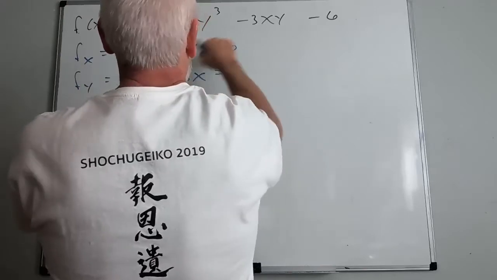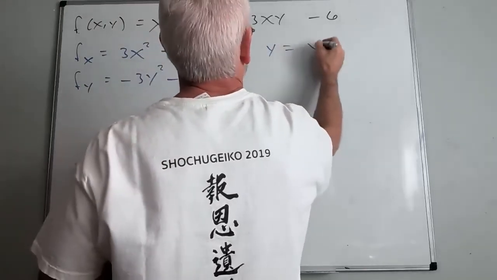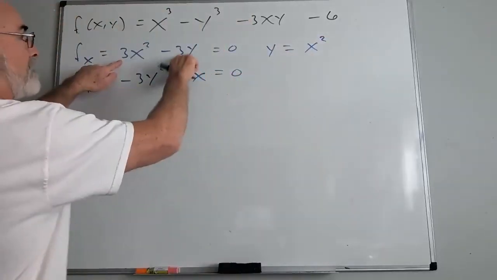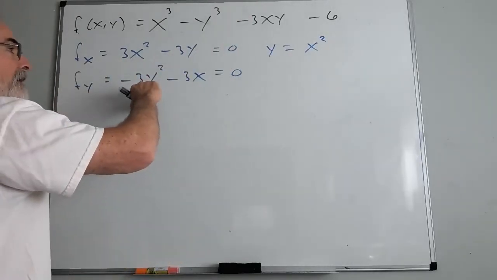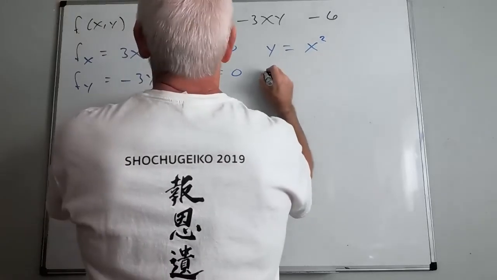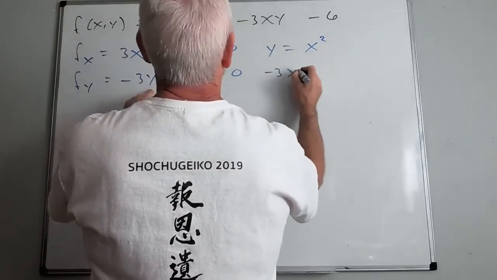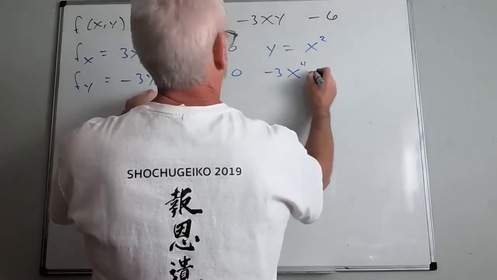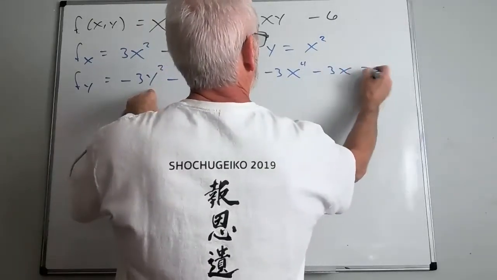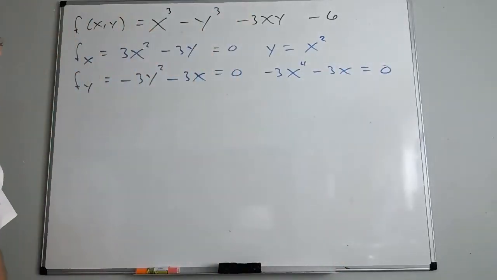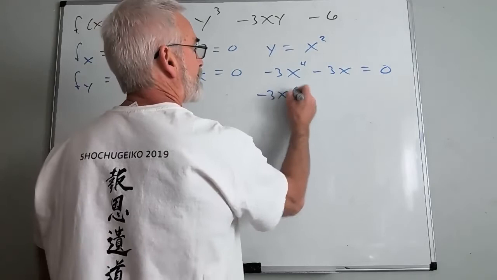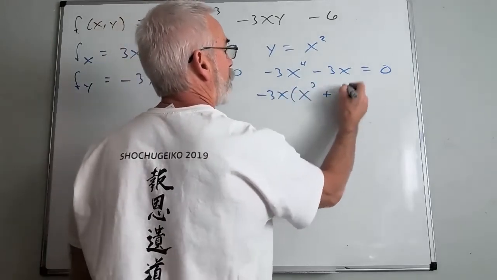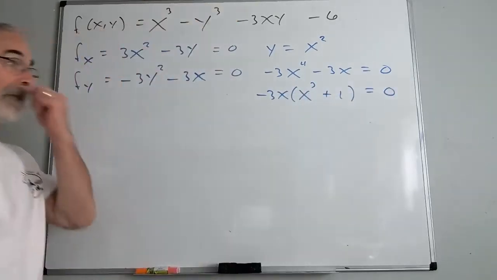So in the first equation, looks like y would equal x squared, if I throw it on the other side. So if y equals x squared, let's go back to here, and then I would have negative 3x squared squared, that'd be fourth, minus 3x equals 0. Okay, so stare at that for a moment. If I factor out a negative 3x, then that leaves me x cubed plus 1 equals 0.